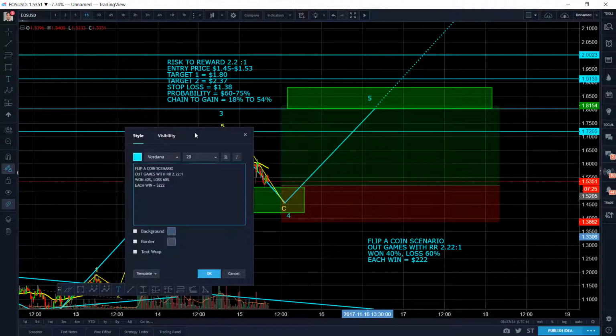Actually, we'll say a bigger number. Each win is $222, and each loss is equal to $100. So this is over 10 games. Now 4 wins at $222 is equal to $888. 6 losses at $100 is equal to $600.